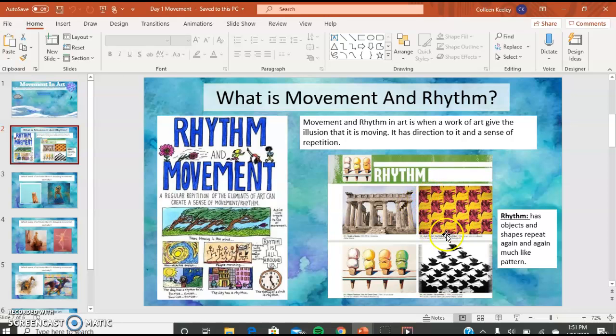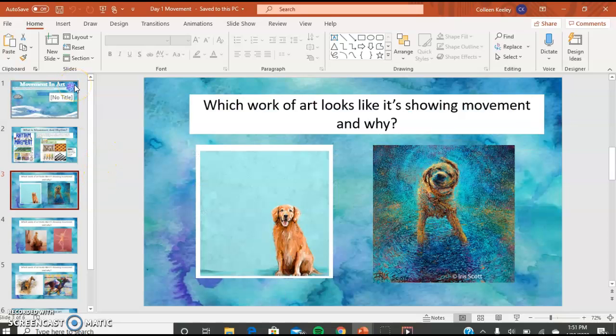If you look down here, we have these cow heads that are repeated again and again. We have these birds that slowly transform into fish. Because of that repetition, it gives it a sense of moving in that direction.